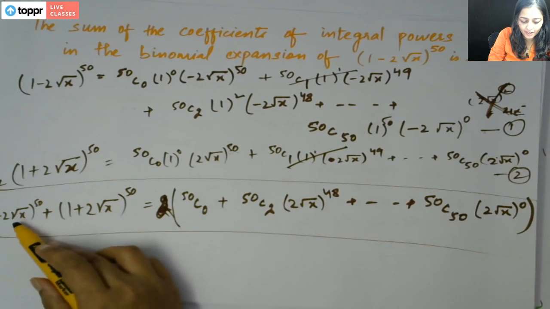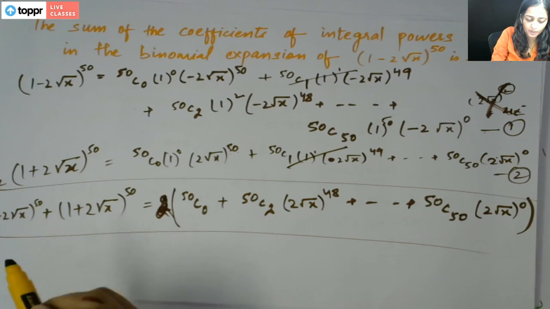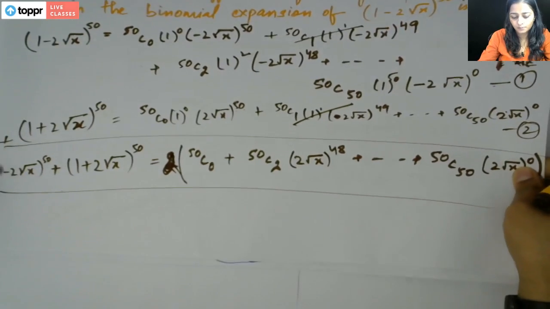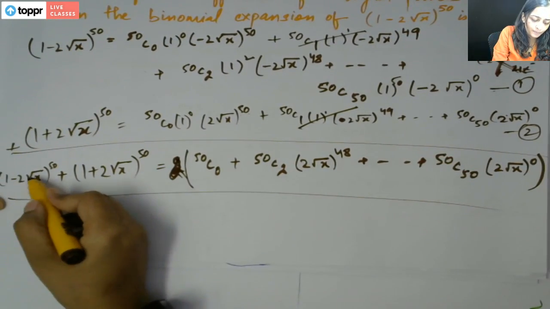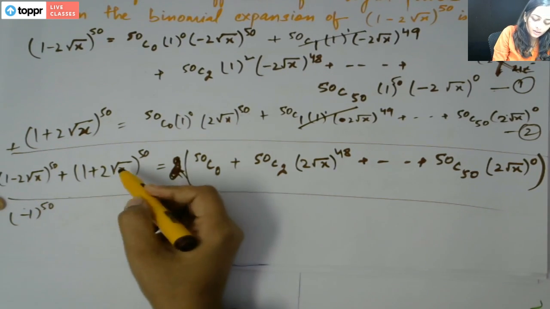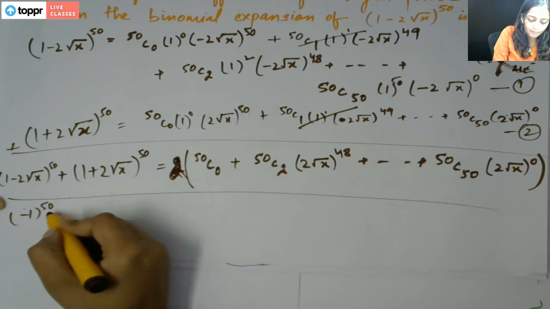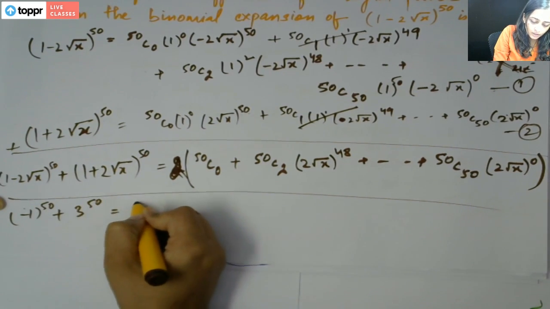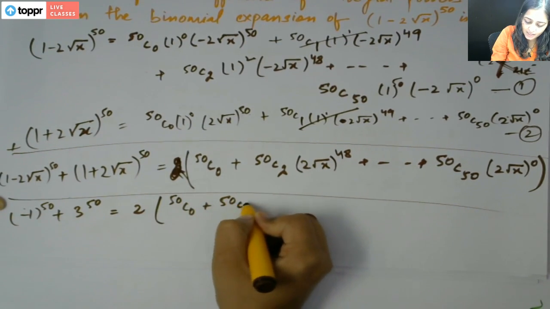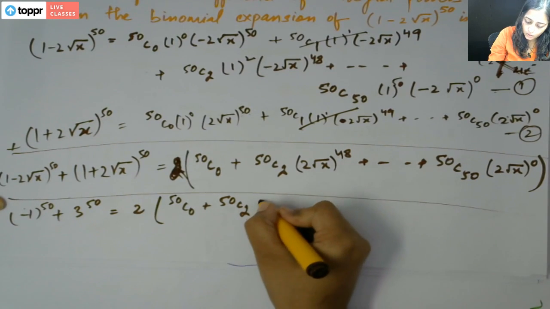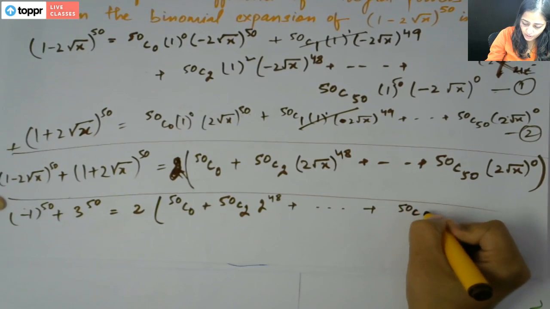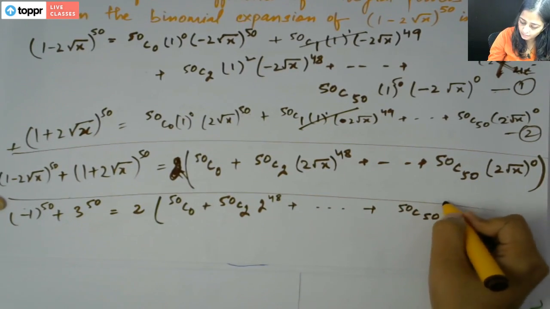Even if I substitute x equal to 1 in this equation, what will I get? I'll get 1 minus 2 minus 1 raised to power 50 plus 3 raised to power 50, equal to twice of 50C0 plus 50C2 2 raised to the power 48 plus 50C50.